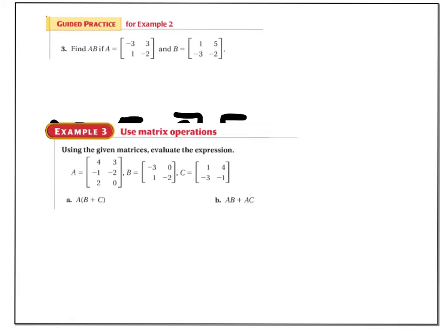Next, negative 1 times 0 is 0, and negative 2 times a negative 2 is a positive 4. 2 times a negative 3 is a negative 6, plus 0 is a negative 6.